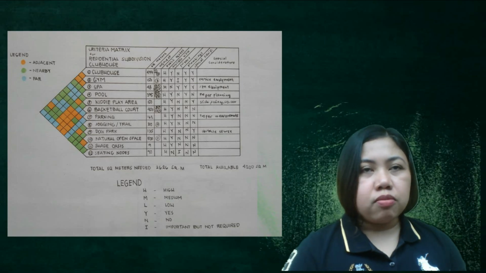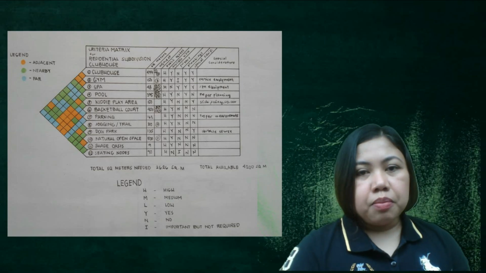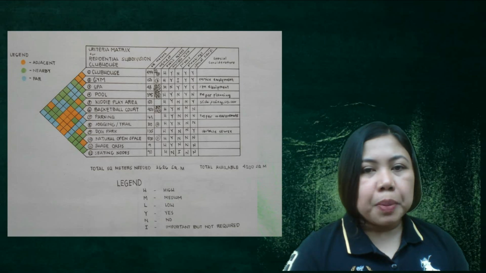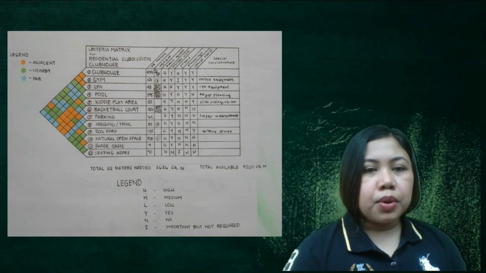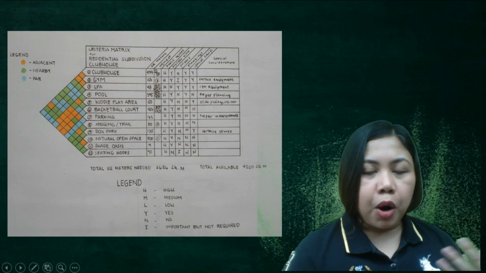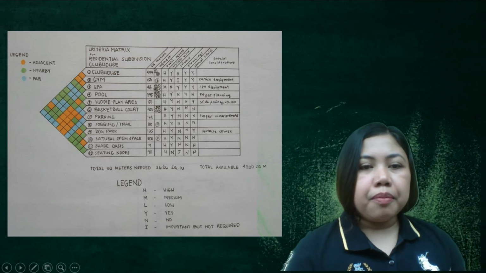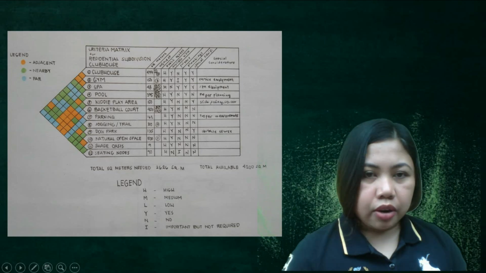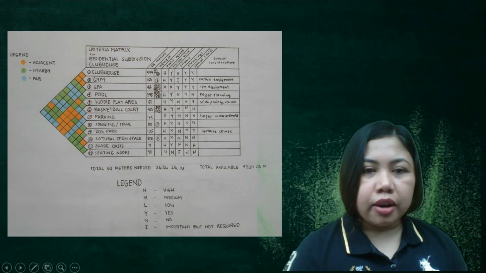Whether it should have views. What special equipment is needed. It's part of analyzing the function of each area, the proximity of each area.